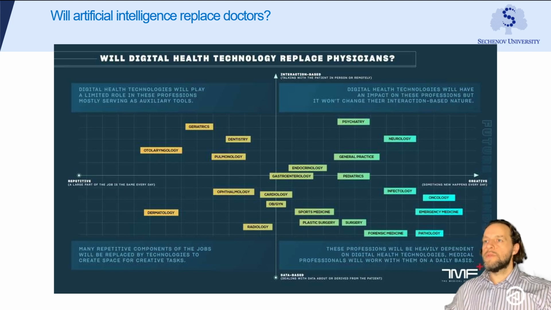It is possible to apply machine learning and neural network algorithms to process this data. But in more complicated areas, it is certain that we will rely on human specialists for a huge amount of time, for example in oncology, emergency medicine, infectology, neurology, psychiatry, and so on.